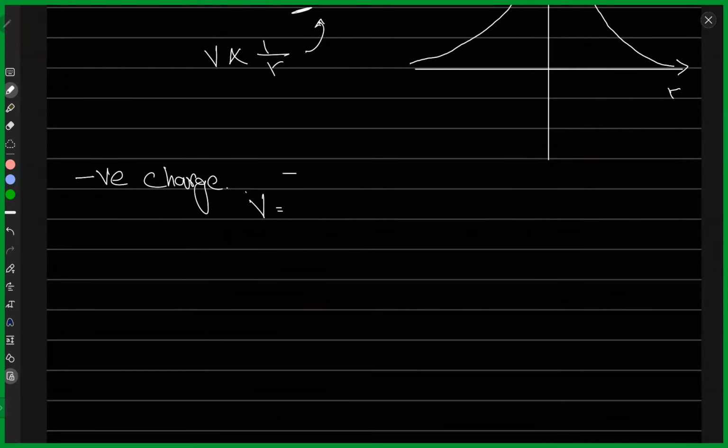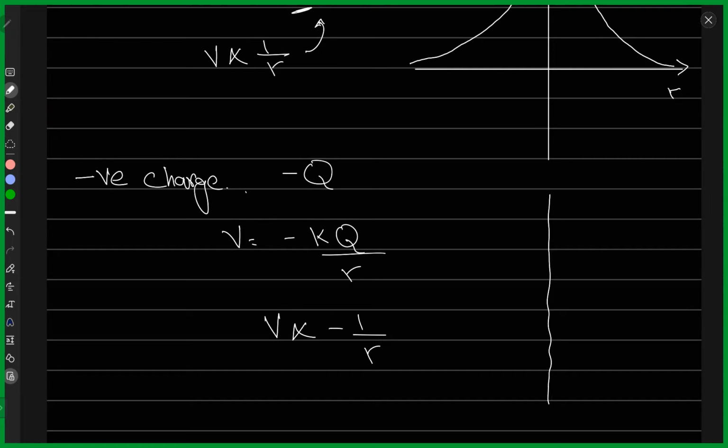Negative charge means negative Q. So the formula would become V is equal to minus KQ by R. So now you can see that V is proportional to minus 1 over R if I'm looking at distances and potential. So now for the exact same thing, I'm going to draw a graph, except this time the charge is a negative charge.